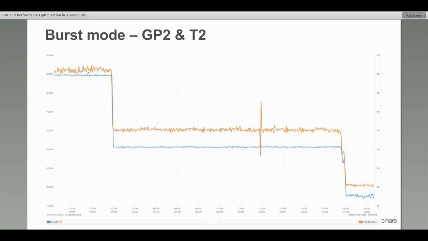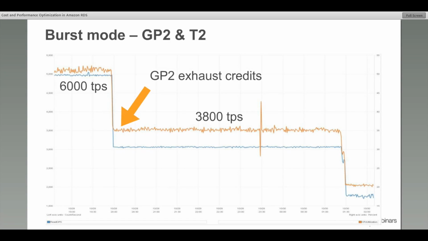And so here you can see when I started this particular test, for the first, I believe it's about 2 hours or so, I'm able to deliver 6,000 transactions per second, and I can see both the I/O and the CPU usage. And you can see where the GP2 credits are exhausted.